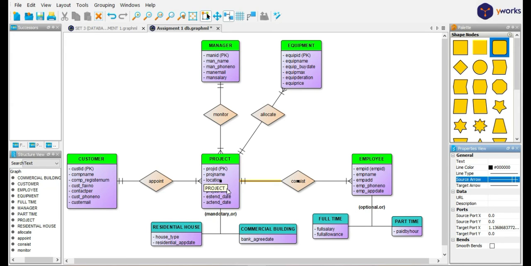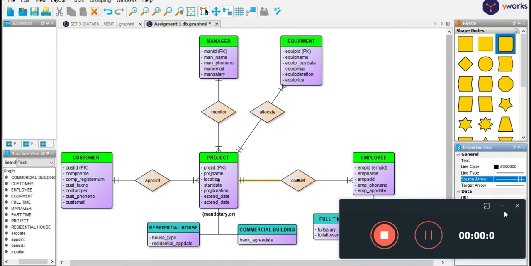Next, a project will be allocated a few equipments, and one equipment can be used by one project. That is, project to equipment is 1 to many, and equipment to project is 1 to 1.